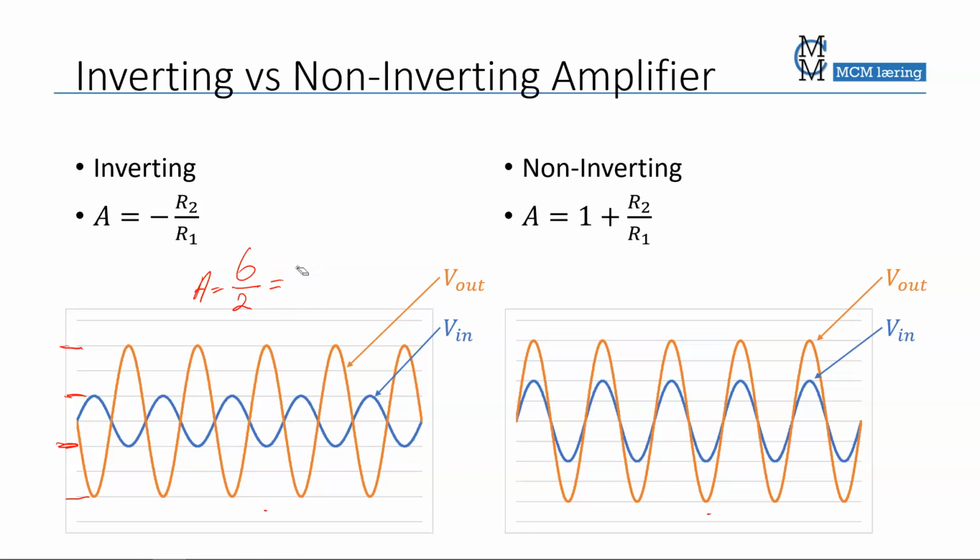However, we need to have the minus sign as well to illustrate that it's inverted. For the non-inverting amplifier, the input signal stretches over 4, while the output signal stretches over 8 dividing lines. So it's 8 over 4, so you have a gain of 2, or an amplification of 2.